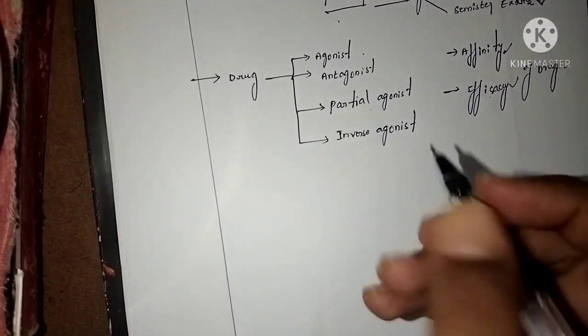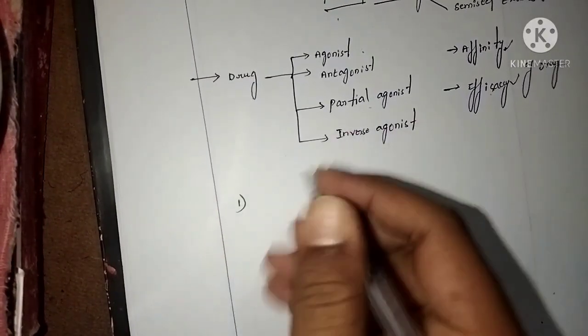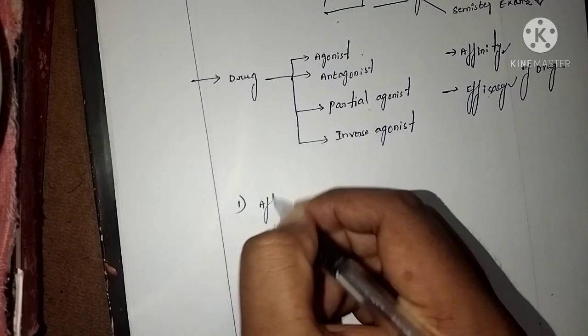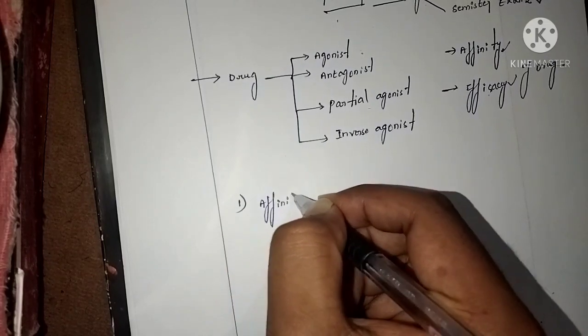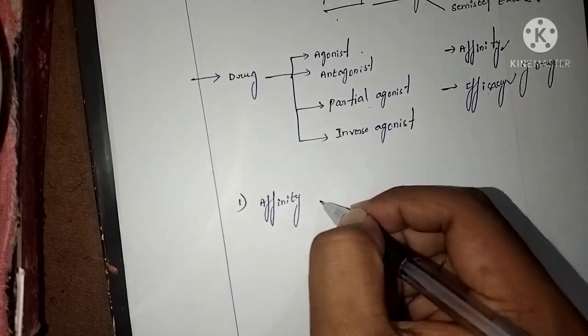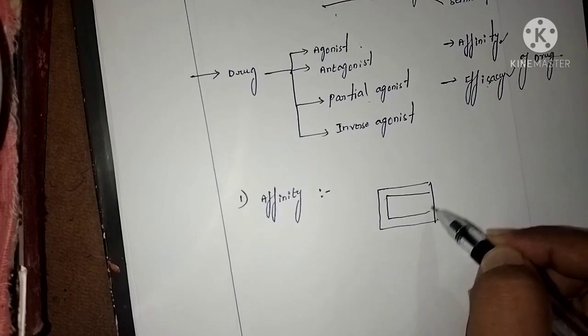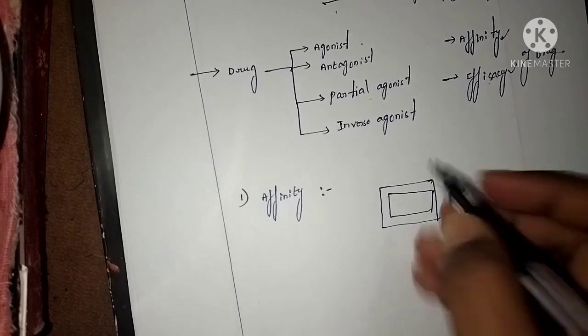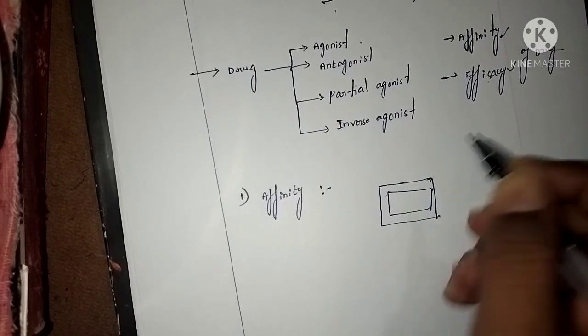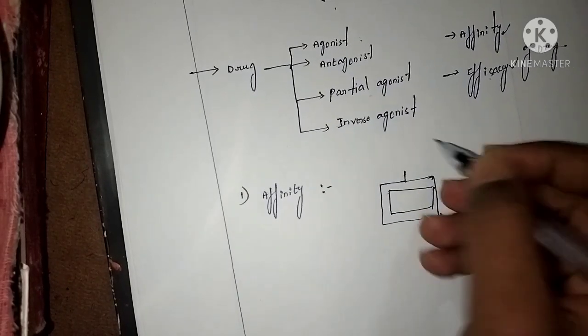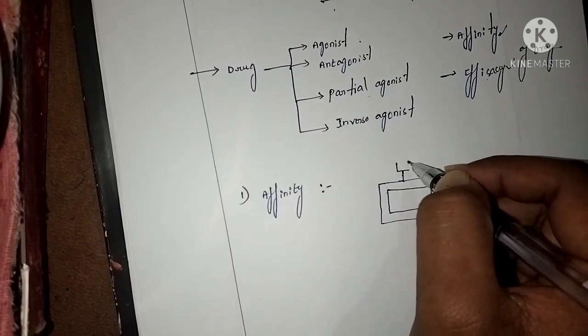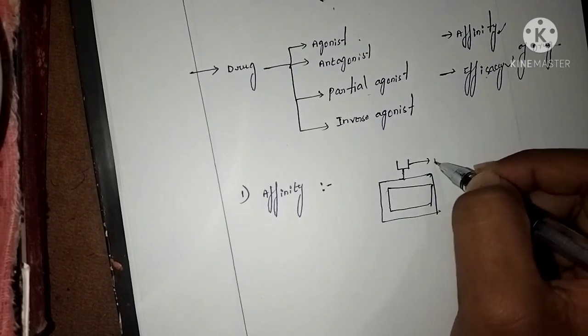Now first of all, what is affinity? Okay, suppose this is the cell, human cell, and this is the membrane. On the surface of the membrane, receptors are present.